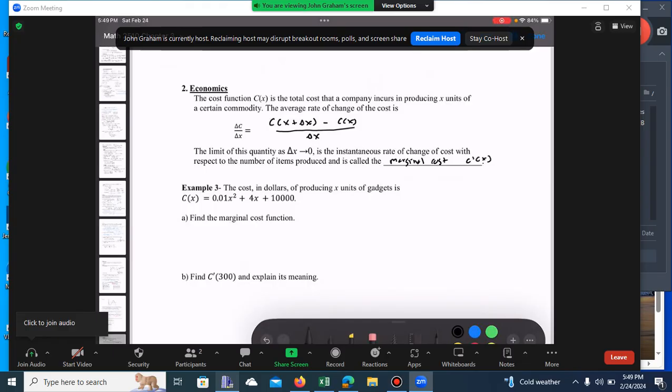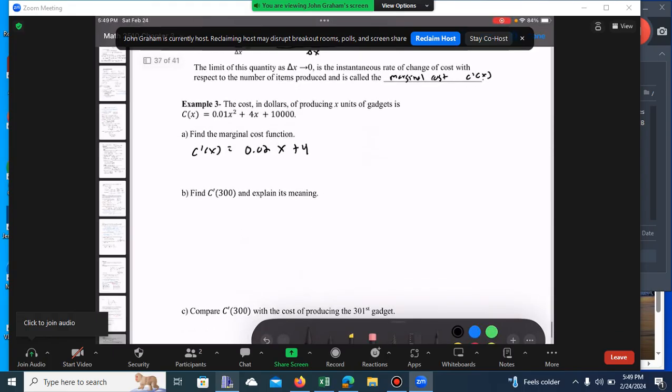So if we are given a cost function of 0.01x squared plus 4x plus 10,000, where we are producing x units, find the marginal cost. That's taking the derivative. C prime of x is 0.02x plus 4. And we want to find what C prime of 300 is.